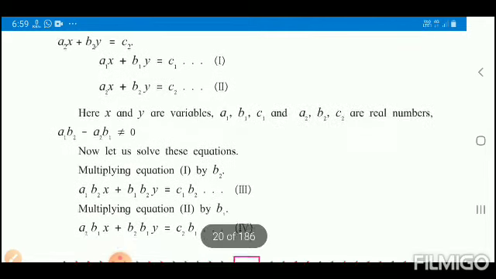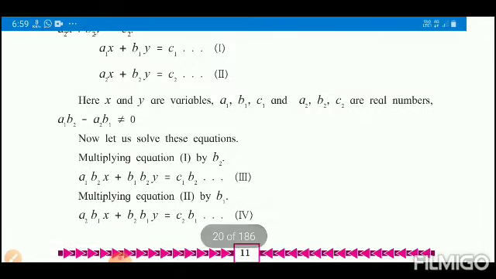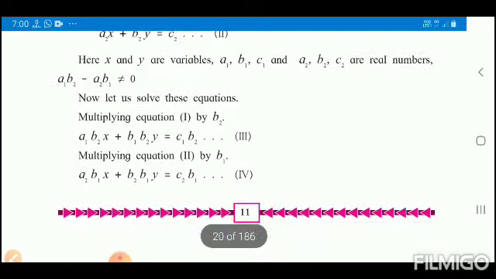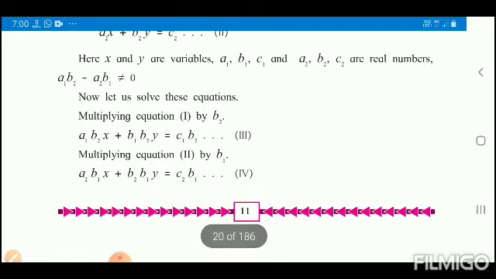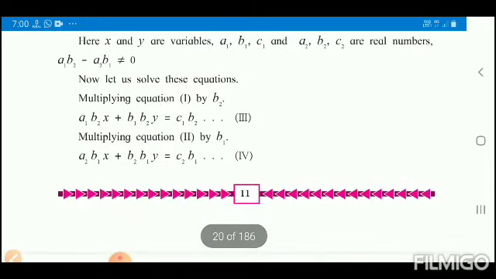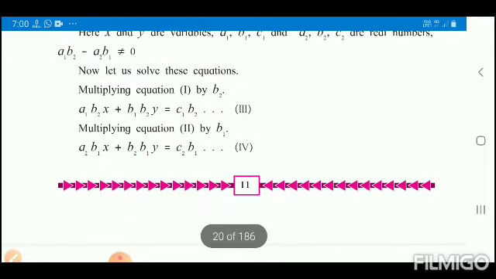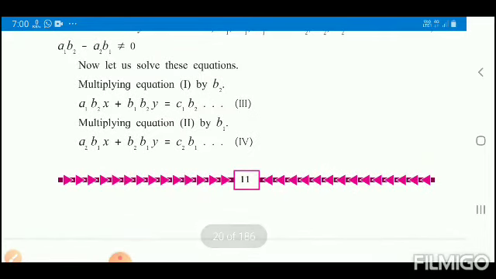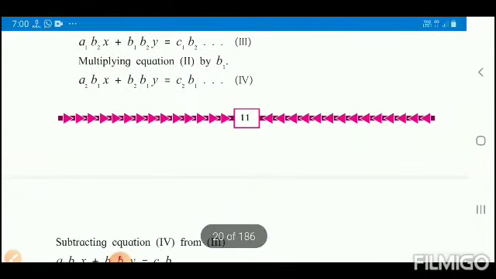We will multiply the first equation by b2 and the second equation by b1. Then you will get the equations a1 b2x plus b1 b2y is equal to c1 b2, and the second equation we will convert into the fourth equation such as a2 b1x plus b2 b1y is equal to c2 b1.